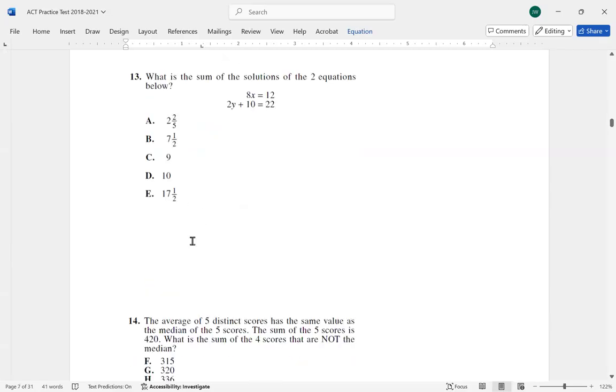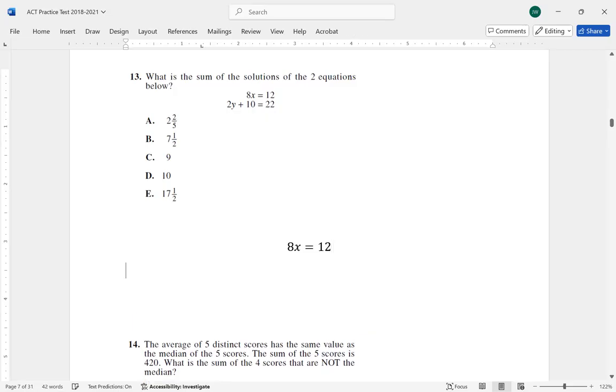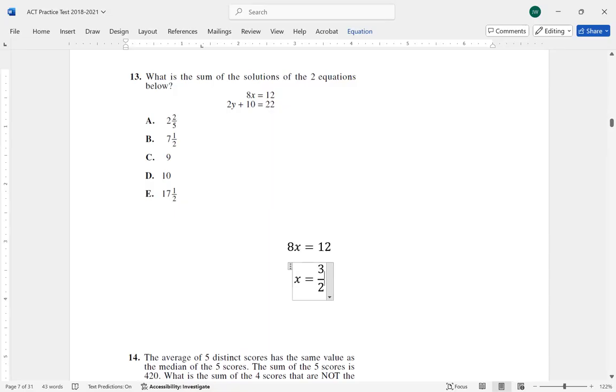Question 13. What is the sum of the solutions of the two equations below? So it's asking us to solve each equation. 8x is equal to 12. We divide both sides by 8. 12 over 8 is 3/2, simplified.